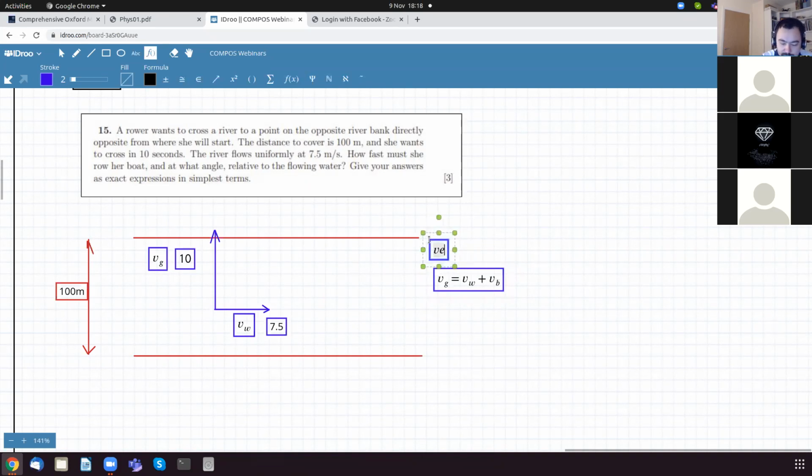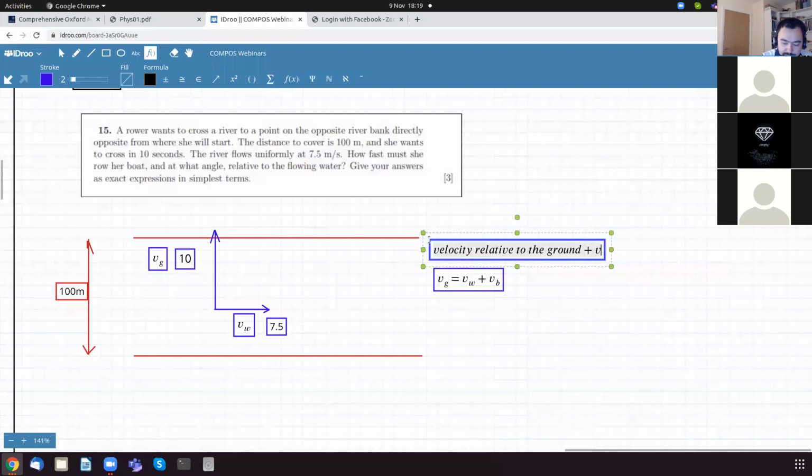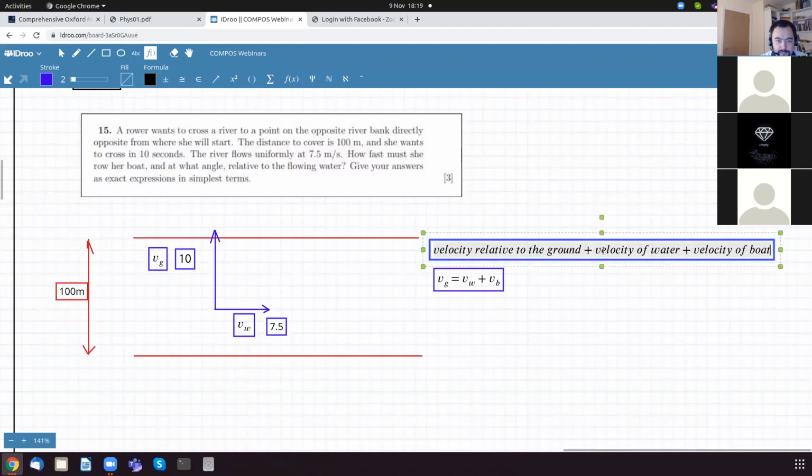So velocity relative to the ground equals velocity of water plus velocity of the boat.